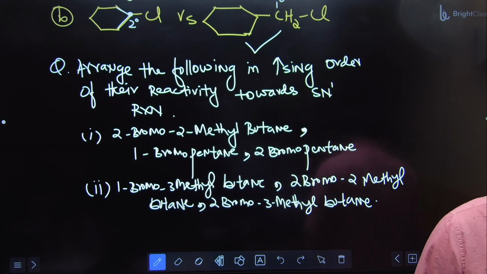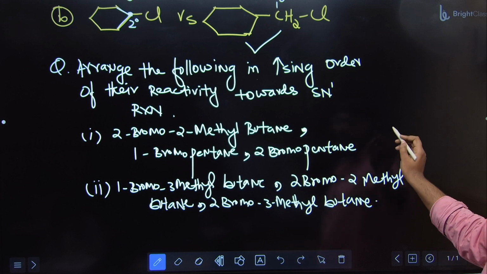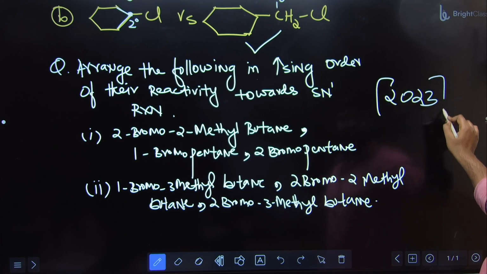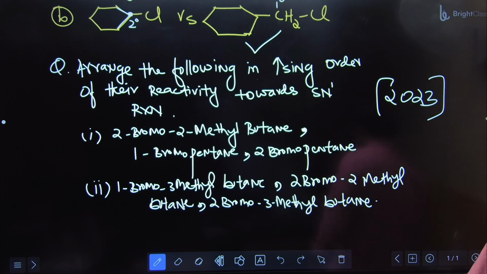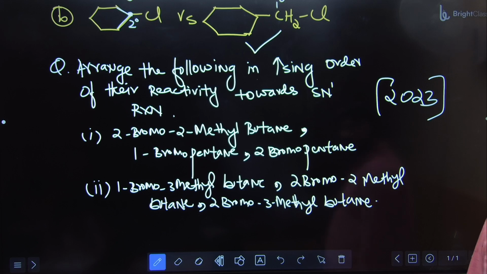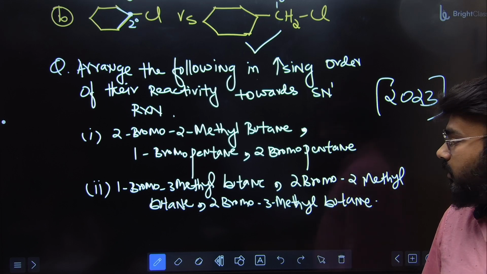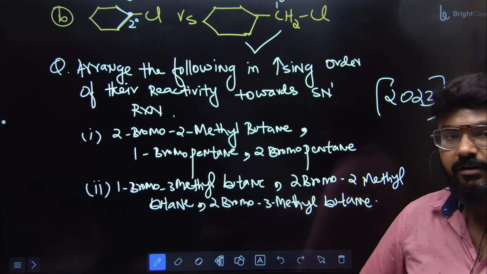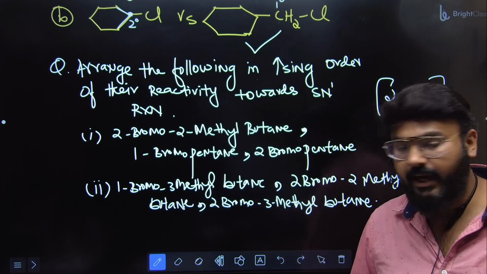Guys, try this one. And yeah, this question came in 2023 board exam. Okay, got it? Last year. Methyl butane. Wait, 2 methyl butane. This is butane, 2 methyl butane, okay?